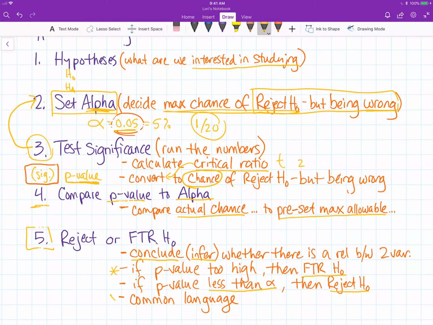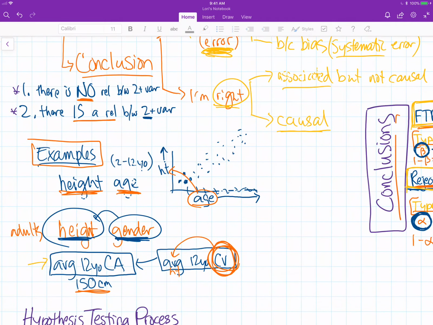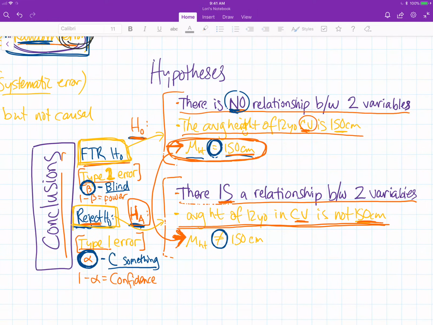It's also important to state that conclusion, not just reject the null or fail to reject the null. It's important to state that conclusion in what I call common language. If you remember over here, we said we can say the null hypothesis a variety of different ways. Here we have 3 different ways of saying the null hypothesis.